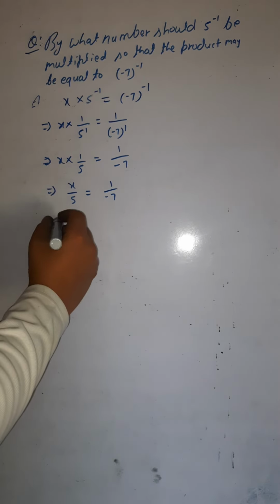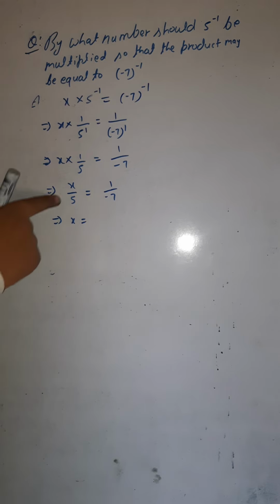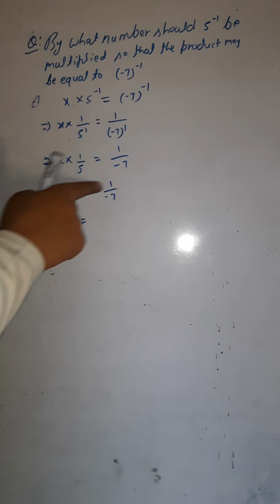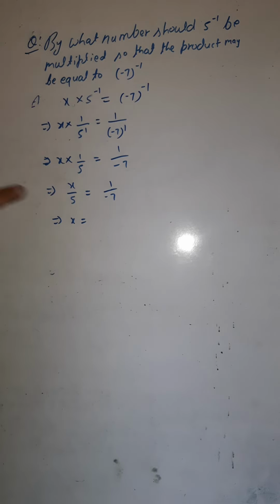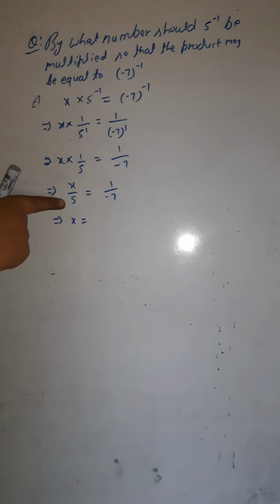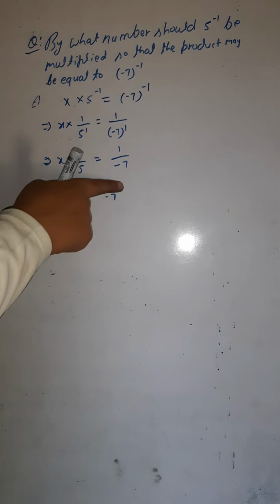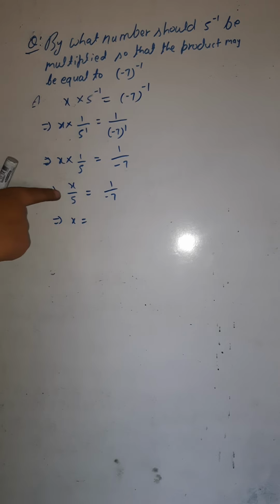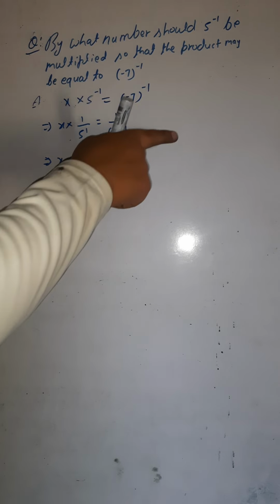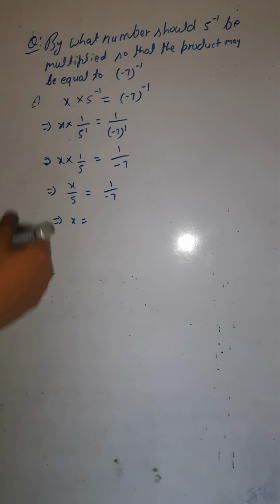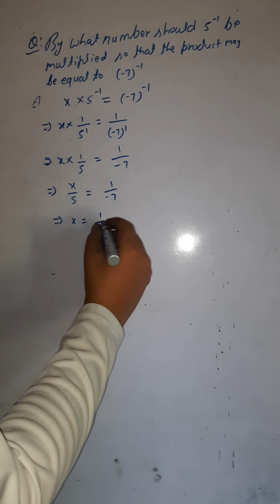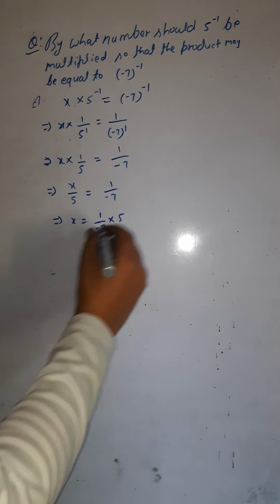You need the value of x from here. So if you see, this 5 is dividing x. If it is going there, it would multiply there, because this 5 is dividing here and we need the value of x. So you can write 1 by minus 7 multiplied by 5.